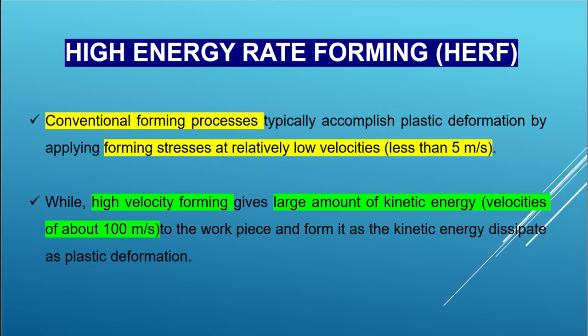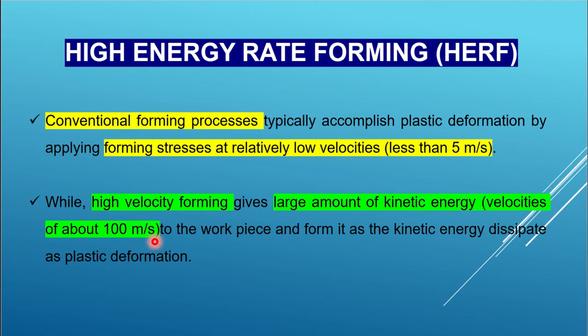Okay, so high energy rate forming. Compared to conventional forming processes, what makes high energy rate forming different is that here the load required for deformation is applied onto the material with high velocities, usually about 100 meter per second.